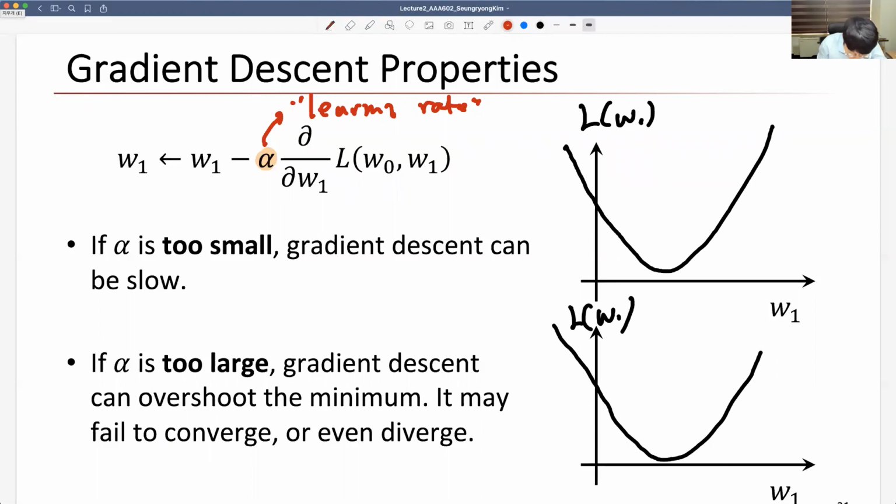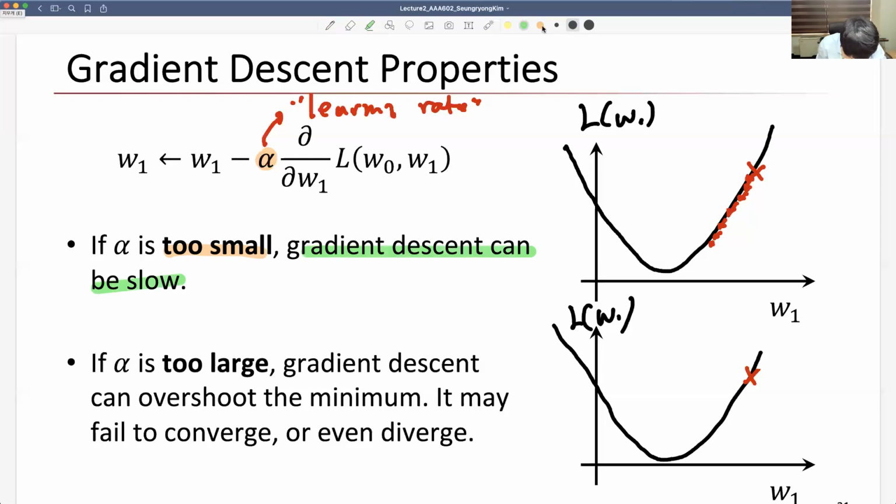Let's say we are here. What about if we use a very small alpha value? Then of course we can move this way, right? But it might be very slow, something like this one. So in this case, the gradient descent can be really slow.